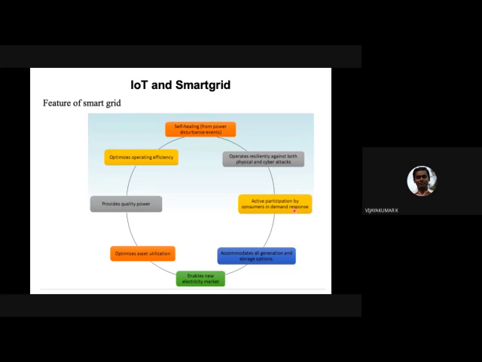Demand response we already know. Even the consumers can participate in the smarter grid. By turning on and turning off their devices, we can do peak shaving or valley filling. It's possible with demand response, and that is automatically possible in the smarter grid.